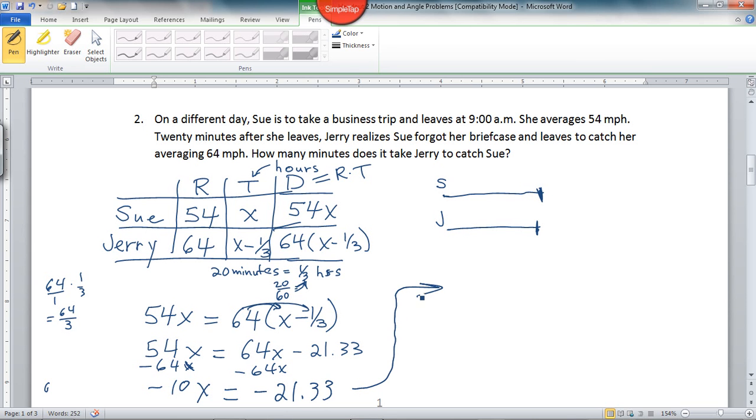So we have negative 10x equal to negative 21.33. Divide by negative 10. That'll give me my x. And that'll be 2.133 hours.